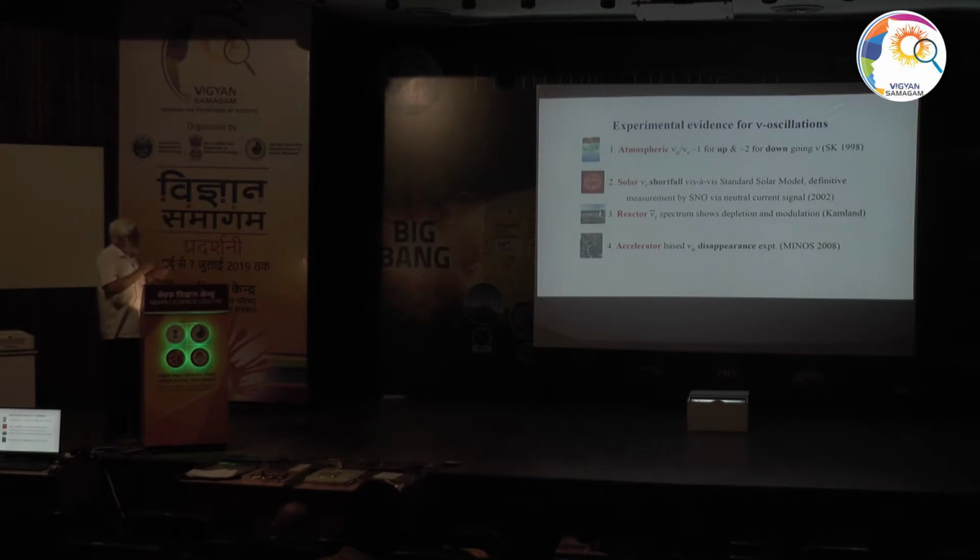And this experiment observed a shortfall. The explanation of neutrino oscillation was actually proposed by Bahcall as satisfying the observations. This was pooh-poohed initially, but then ultimately he turned out to be right, and Davis also got the Nobel Prize.